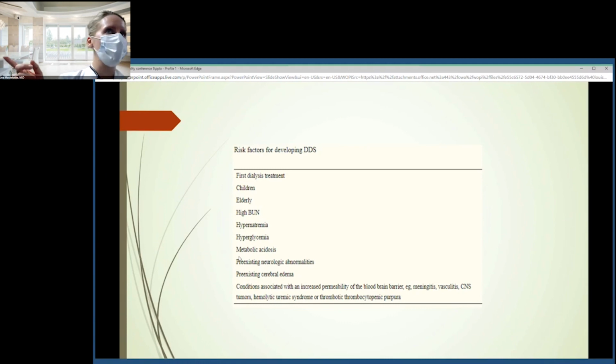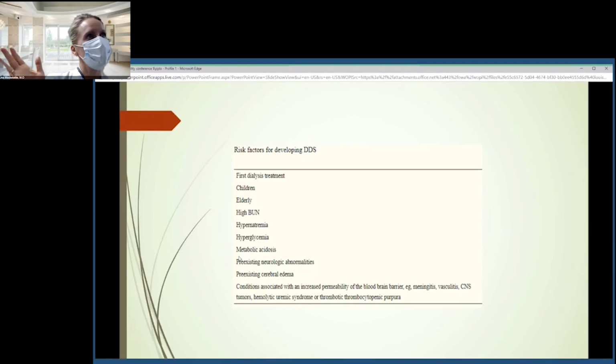Metabolic acidosis actually plays a role. Correcting acidosis fast will increase the risk of disequilibrium. The thing is, when you're correcting acidosis, you're actually making cerebral acidosis worse, because the bicarbonate gets converted to CO2, and CO2 freely goes into the brain and gets converted to hydrogen, so intracerebral acidosis gets worse with correction of acidosis, like with a bicarb drip or dialysis.